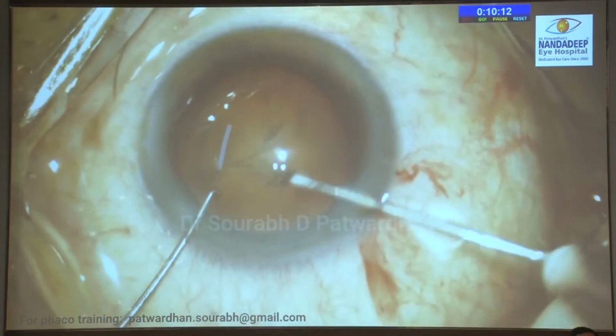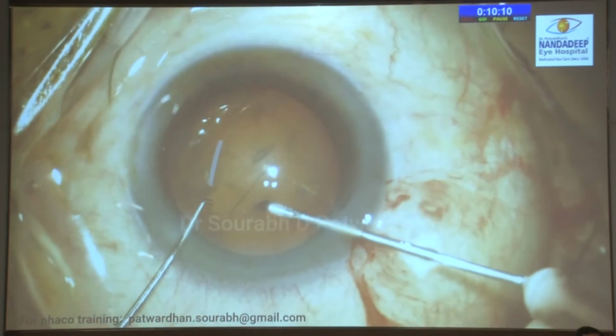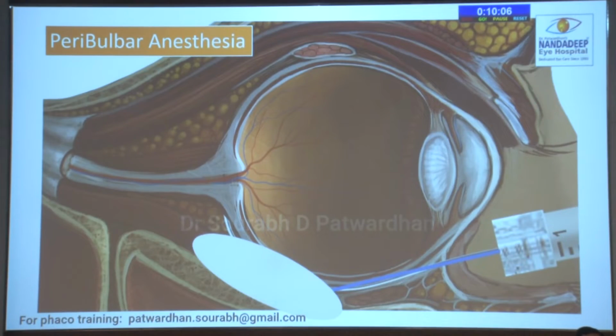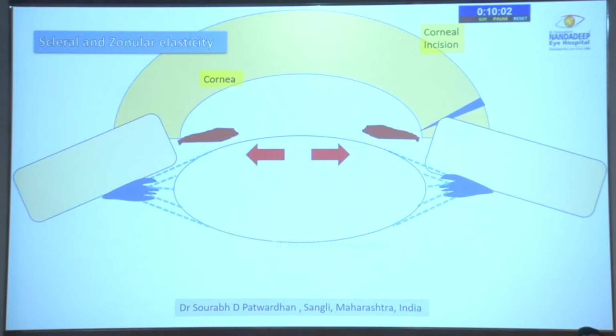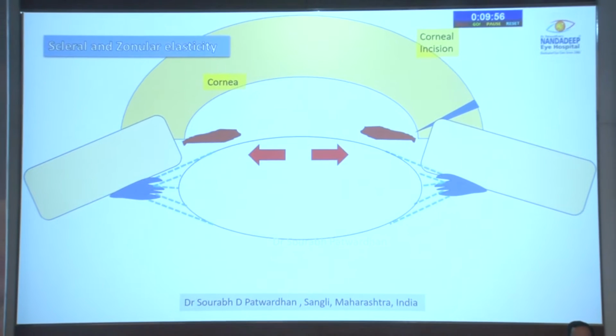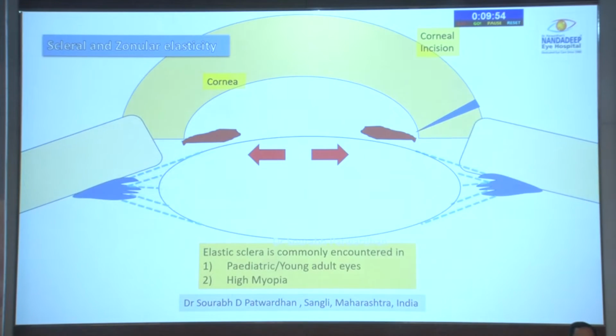And even if we are going with a good capsulorhexis, sometimes it just starts running out because the intraorbital pressure is high because of the preoperative peribulbar anesthesia. Another thing we must notice is that every patient's eye is different, and that difference is mainly because of the scleral and zonular elasticity, which is variable.